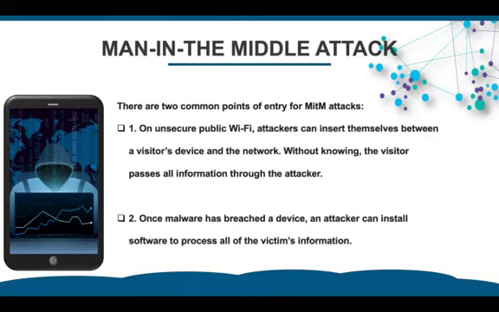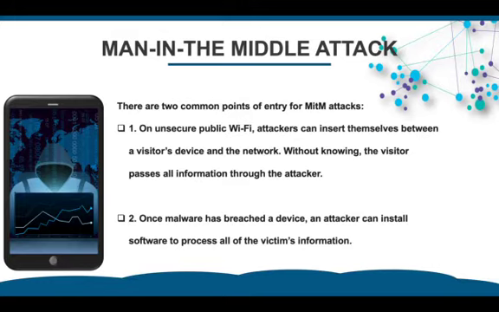Without knowing, the visitor passes all information to the attacker. Since you are connected to the Wi-Fi, the attacker is acting as middleware. When you pass information, you're passing it through the attacker's network, so they have copies of the information you are passing.